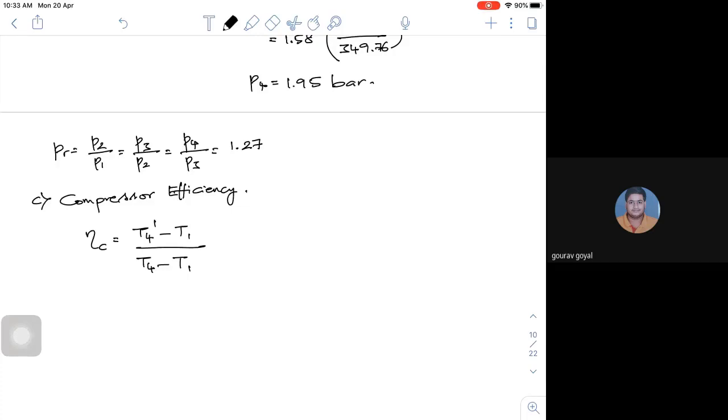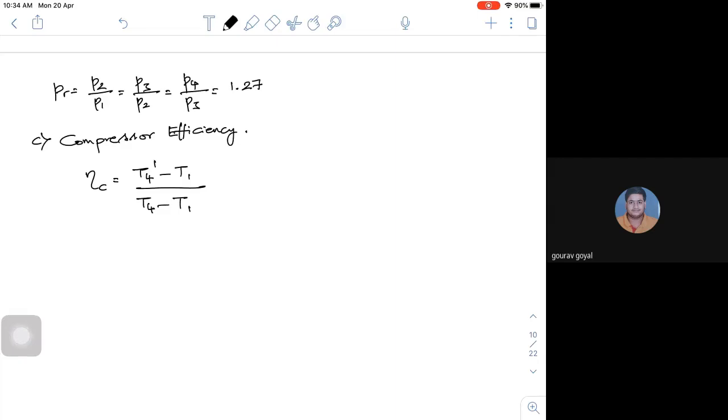See, if I consider my pressure ratio, the pressure ratio now I calculated is 1.27. Now if I take T4 dash to T1, it is equal to (P4 by P1) to the power of gamma minus 1 by gamma. At any given point, never ever try to take T4 dash equal to T4 double dash. T4 dash is different.